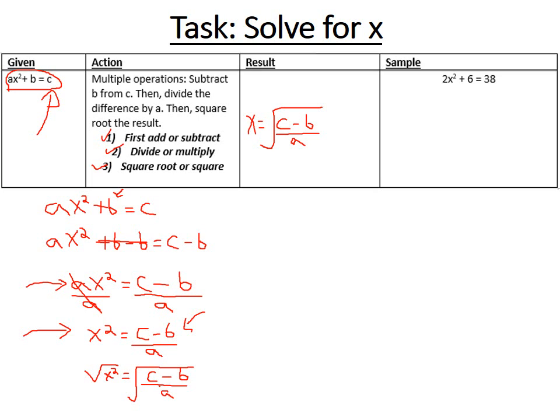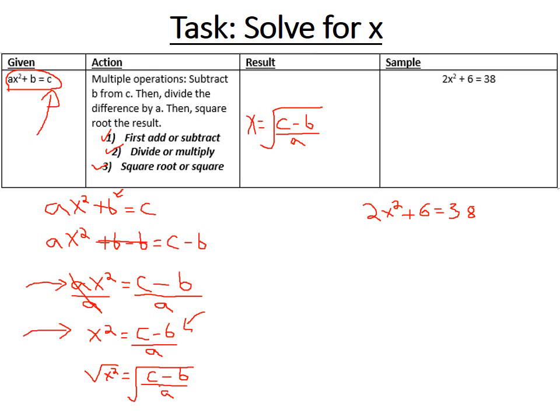We have 2x squared plus 6 is equal to 38. So I'm going to start off by doing either the subtract or addition, depending on what the case is. So I have 2x squared plus 6 is equal to 38. You could probably do this in your head right now if you wanted to, and figure out what x has to be to give you 38.